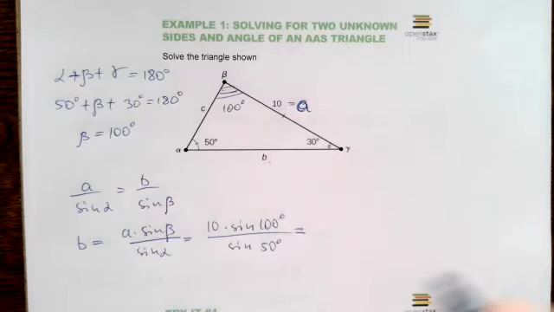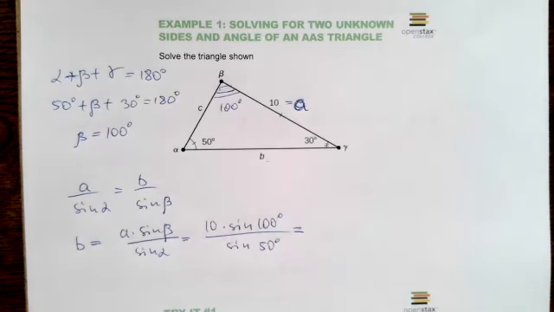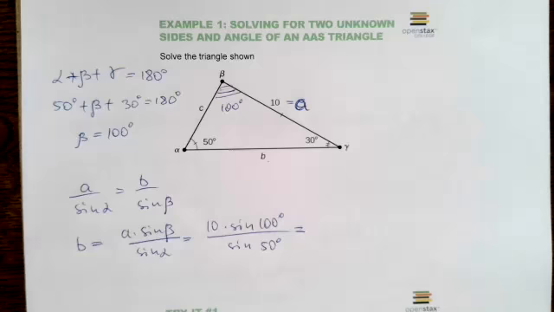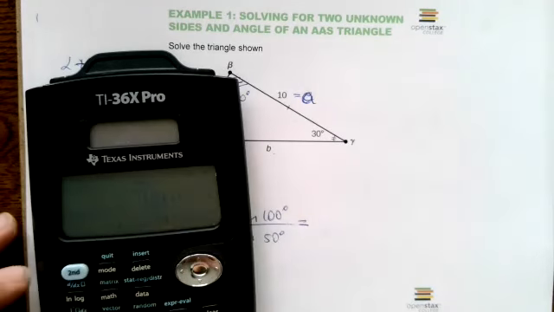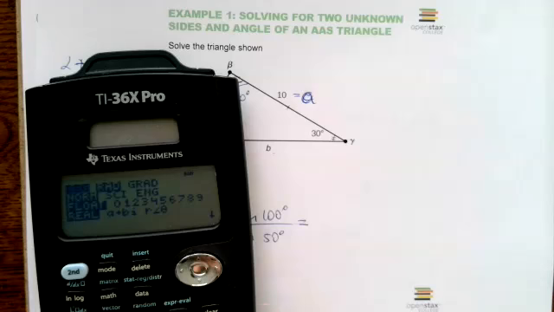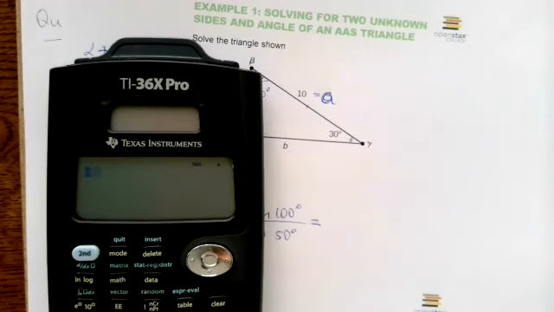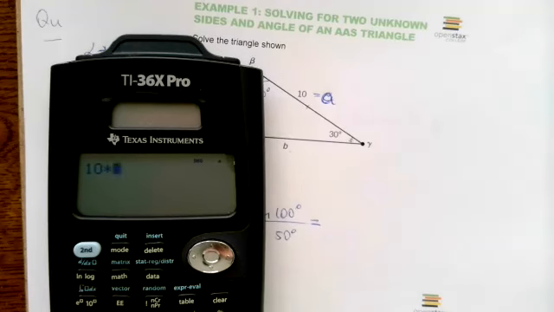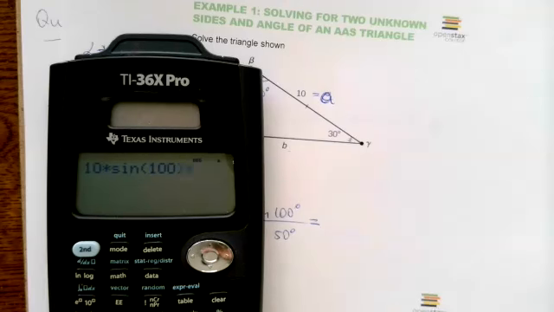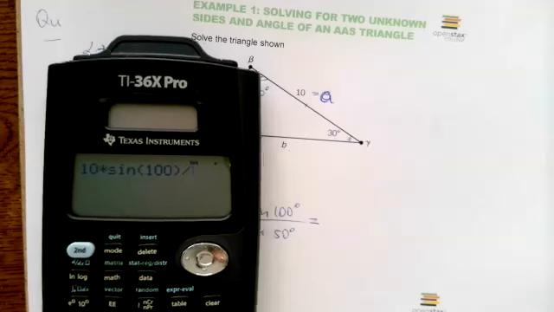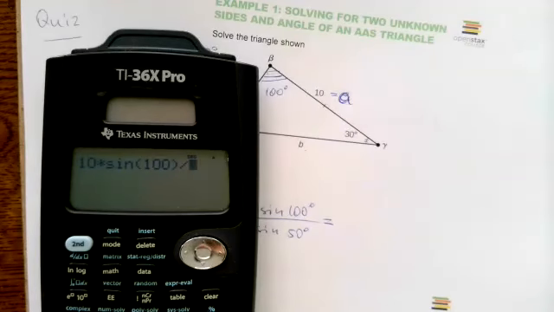So now all we have to do is to plug this into the calculator. First of all, make sure that you are in the correct mode. So we're in degrees, we're good. So we have 10 times sine of 100. We're going to divide it by sine of 50.